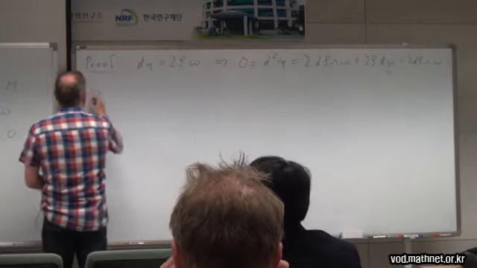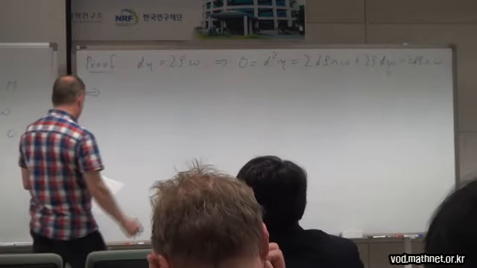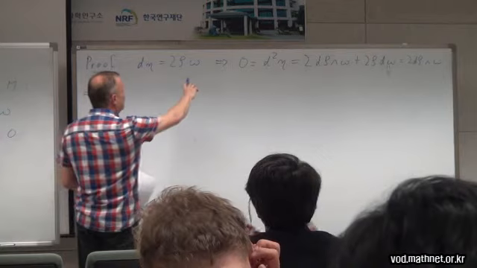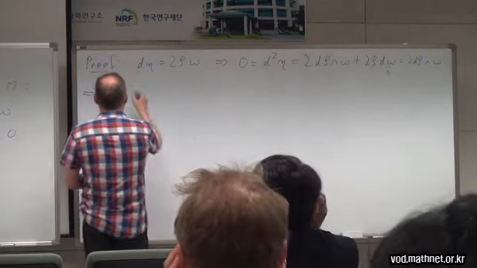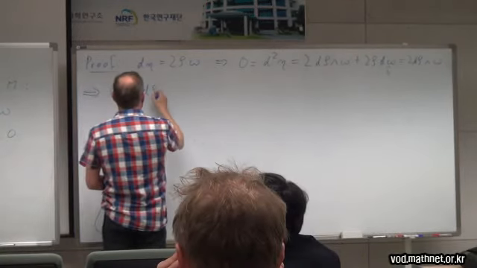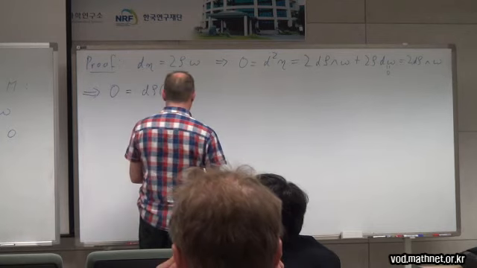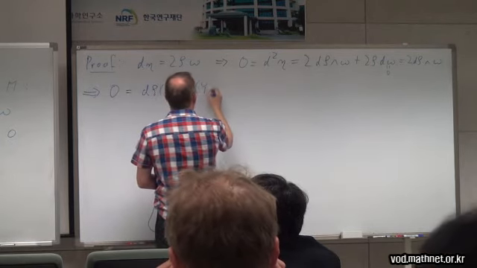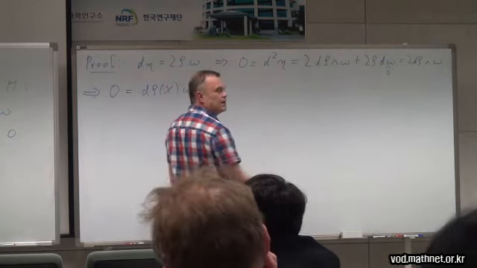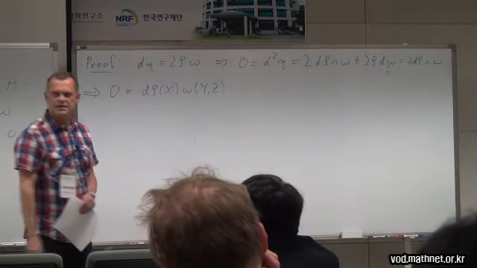Right, let's write this out explicitly. So this tells us we can forget the 2. So this means that 0 is equal to d rho of x times omega of yz. So I'm just writing down the definition of the wedge product.